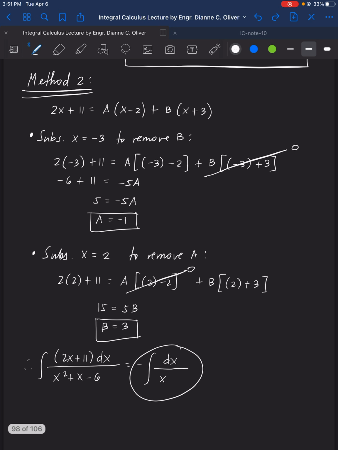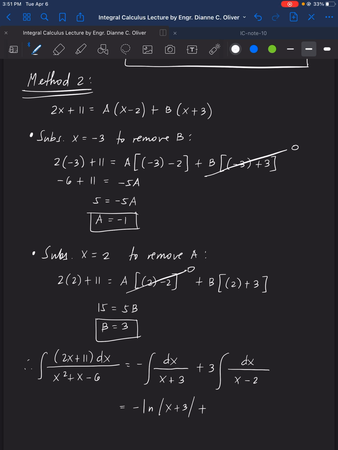So make sure you're following the right sequence. So this is x plus 3, plus 3 integral of dx all over x minus 2. And we can answer that using logarithmic functions. This becomes negative ln of x plus 3 plus 3 ln of x minus 2 plus c.